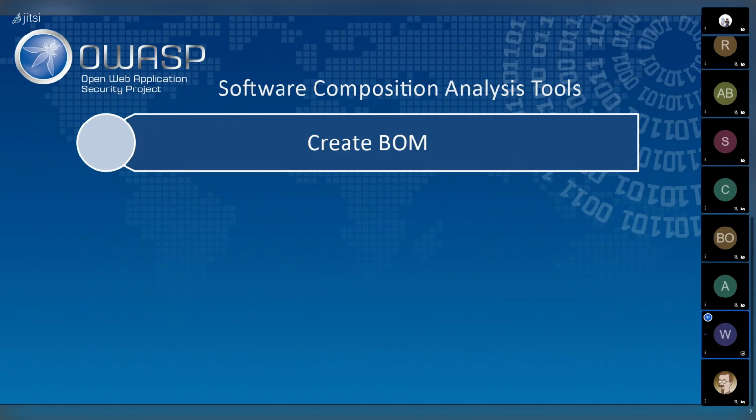So, what kind of tool would be good to start? Personally, I would say you can always go to OWASP looking for help and tools. OWASP provides you OWASP Dependency-Check. It is an open source tool.